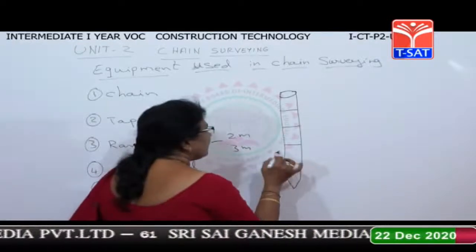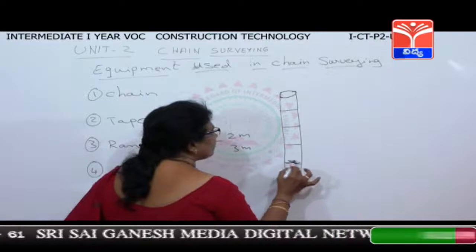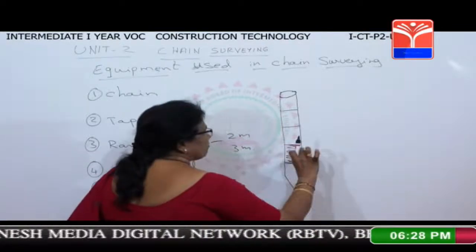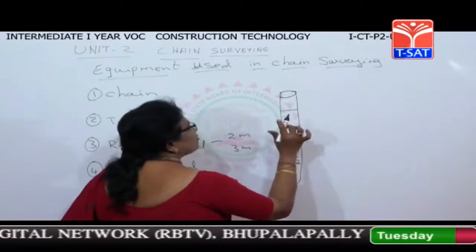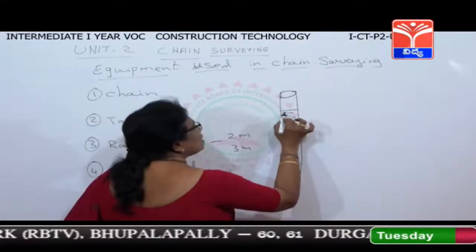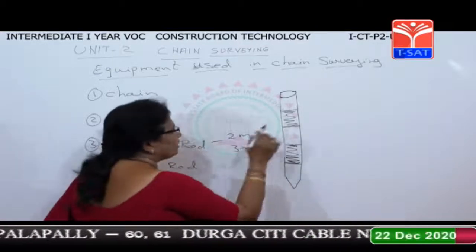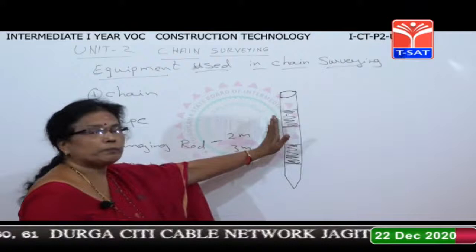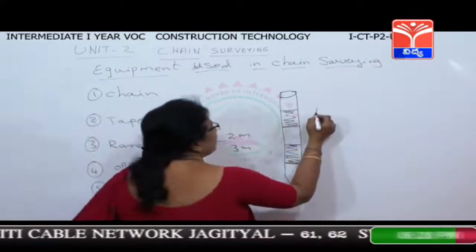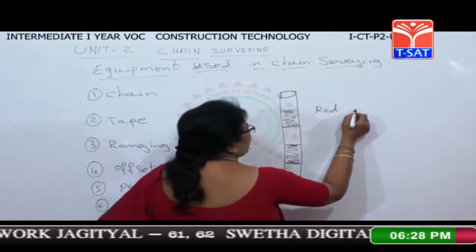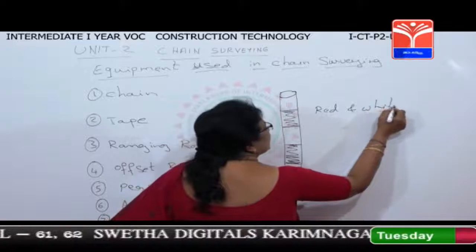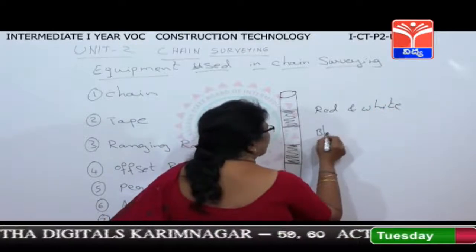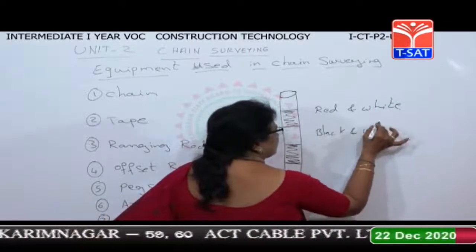It is painted in black and white or red and white. See, one band will be black, one band will be white, and another will be black. Hope you understood. Sometimes it is painted in red and white, and sometimes it is painted in black and white.